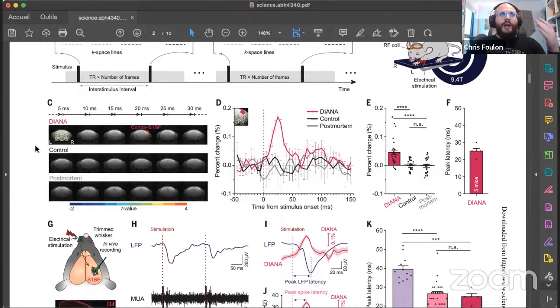So if they want to look at the activity of the whole region, would they do several acquisitions with the same stimuli and just aggregate the slices? Wait, I'm not sure.